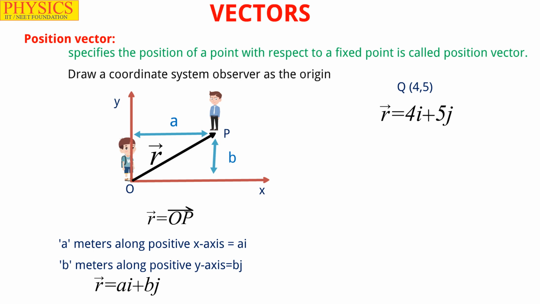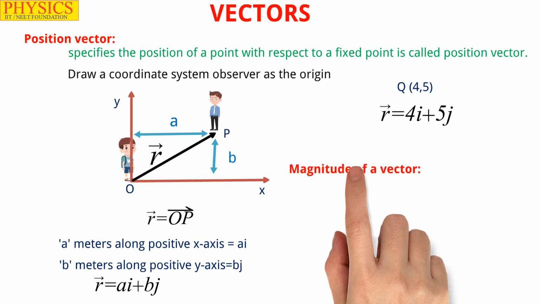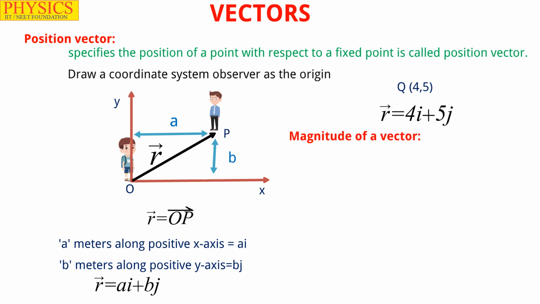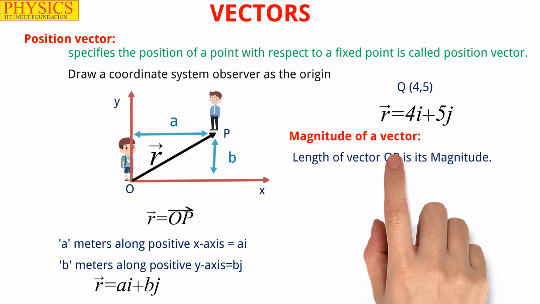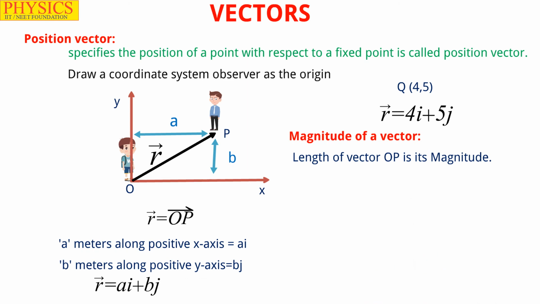Now, let us learn how to calculate the magnitude of a vector, which means the length of the vector. In the above diagram, the magnitude of the vector r is the length of the vector OP. It can be calculated by using the Pythagoras theorem.